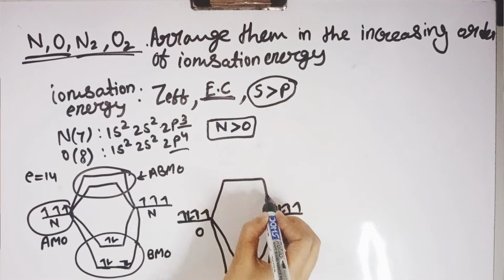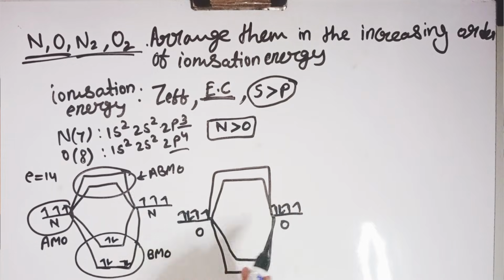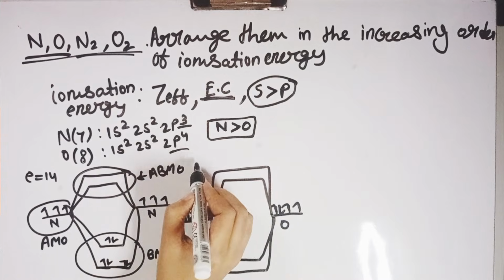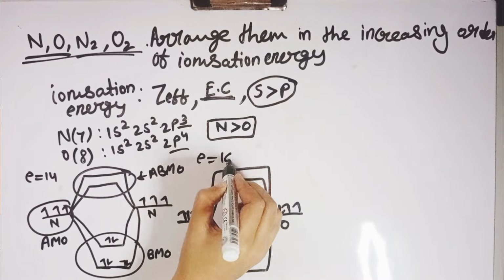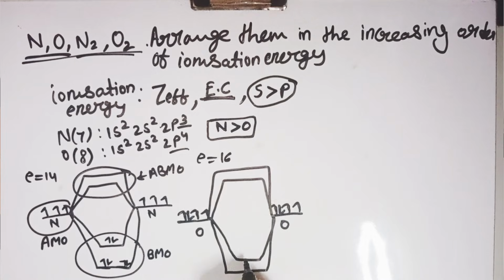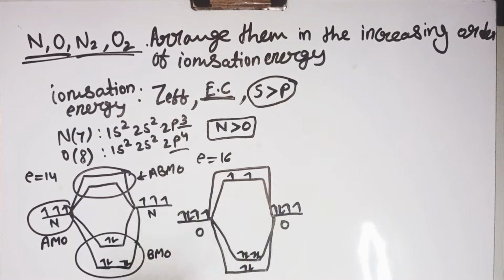So we have total 8 electrons, and now we are going to fill them. So this is sigma orbital. Electrons equal to 16. So this is how it is going to be. This is sigma and this is pi. 1, 2, 3, 4, 5, 6, 7, 8.